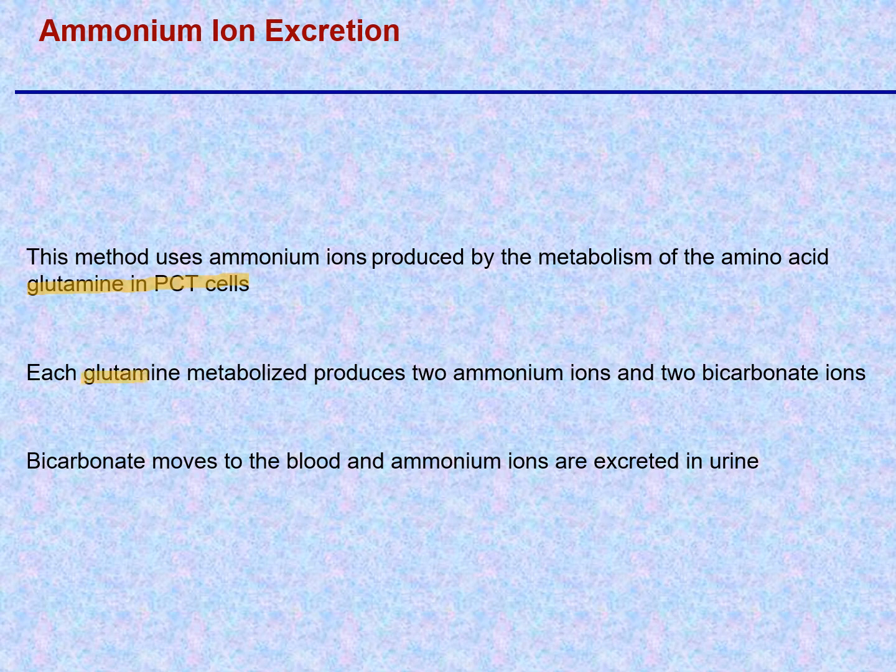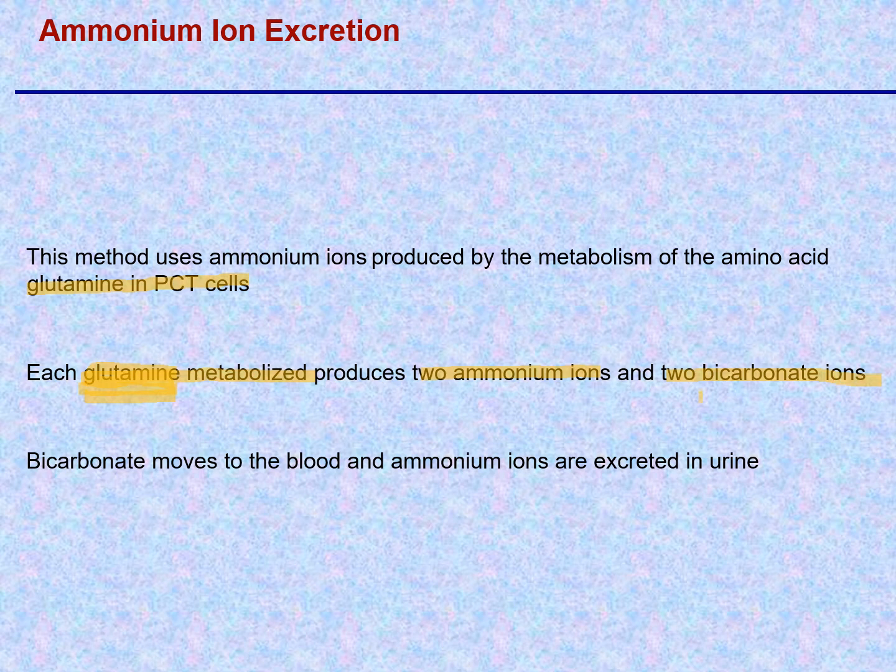For every glutamine that gets metabolized, and a lot of glutamine actually does get metabolized in the body, it's an important amino acid, and during amino acid metabolism, a lot of the amino acids are being converted to glutamine and then go through a further metabolic event. But just to keep it focused on the kidneys, for every glutamine that is metabolized or broken down, you get 2 ammonium ions and 2 bicarb ions produced.